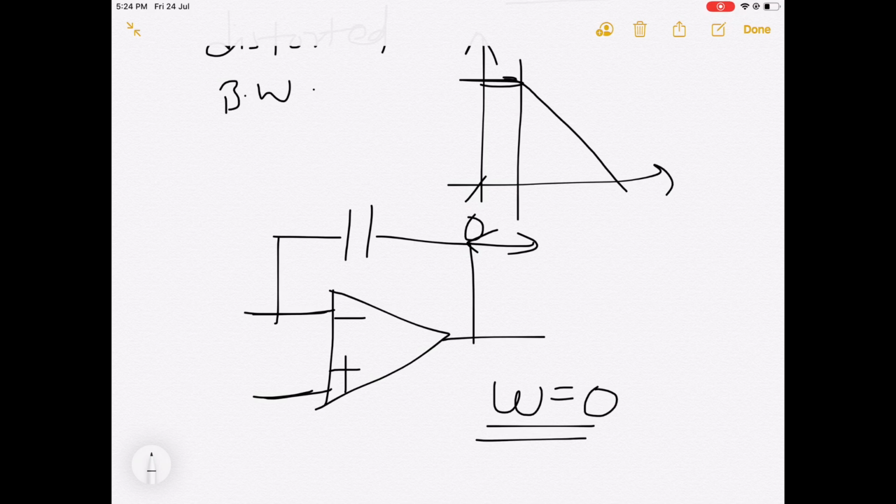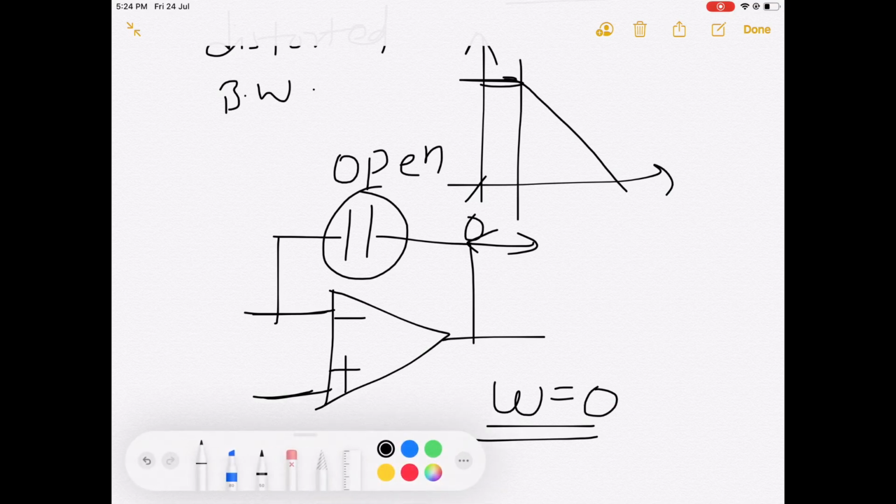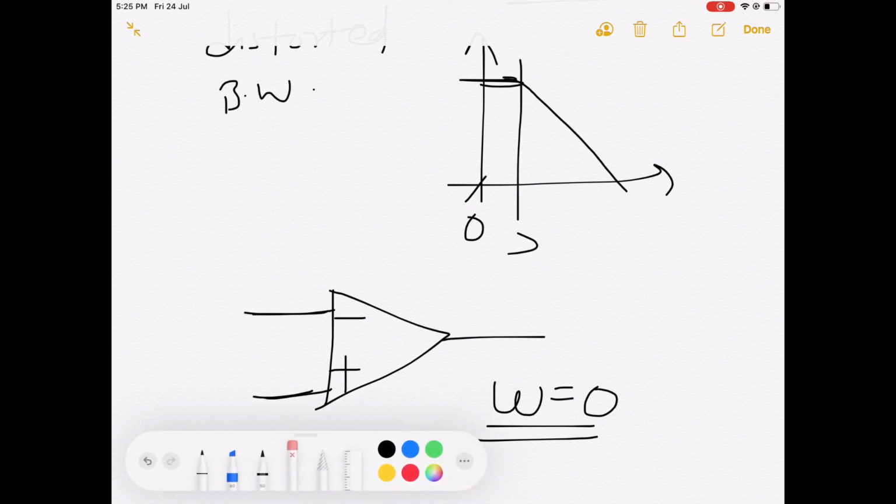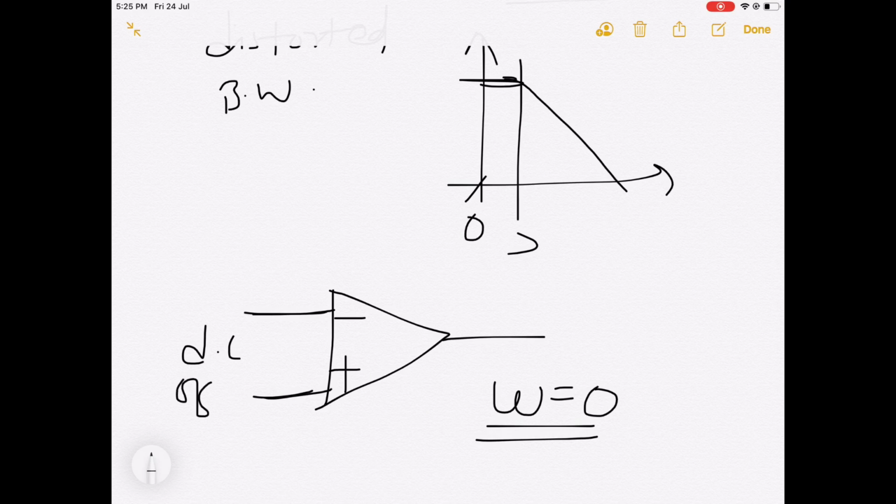So, at omega equal to 0, this capacitor acts as open. Open means there is no feedback. So, this part will vanish. So, the op-amp is in open loop form, and because of that a small DC offset also causes your op-amp to go into saturation.